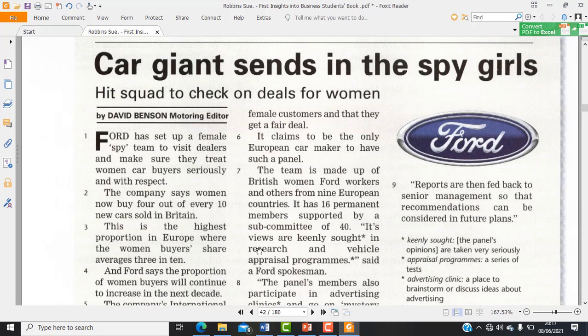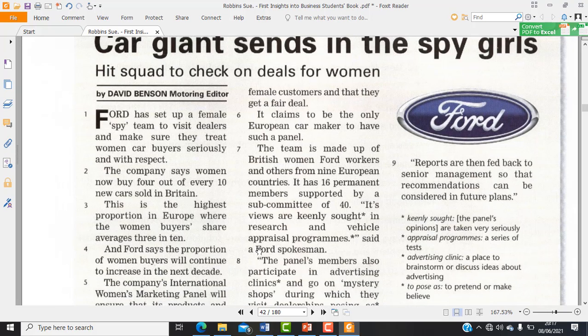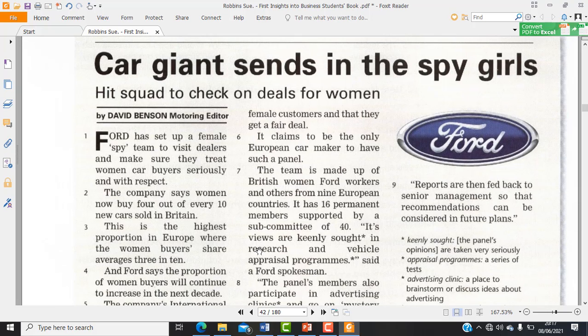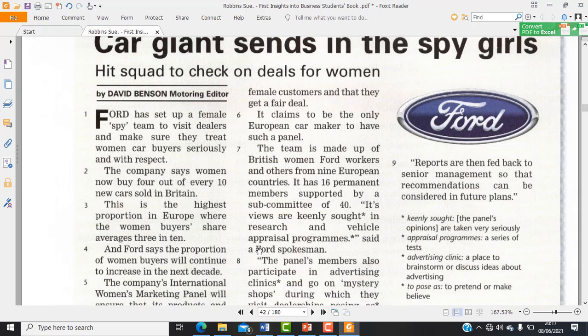It's interesting. It's about car giant sends in the spy girls. Jadi produk mobil yang gede mengirimkan mata-mata wanita. Wow, okay? Now let's take a look at this one. Hit squad to check on deals for women.